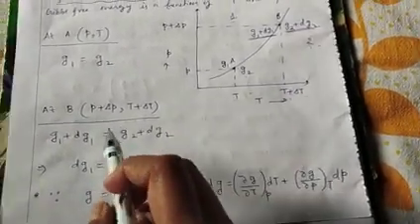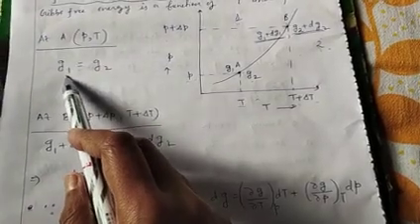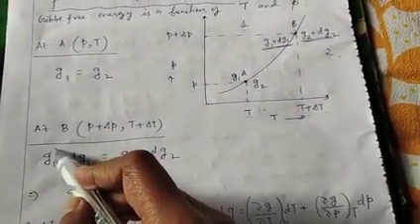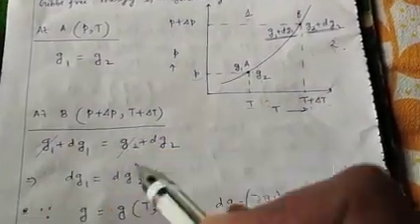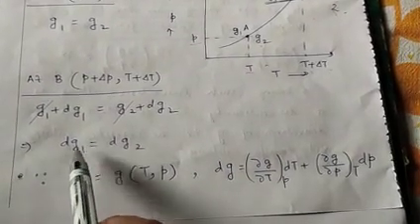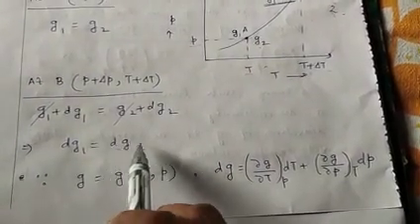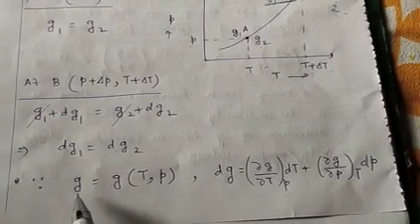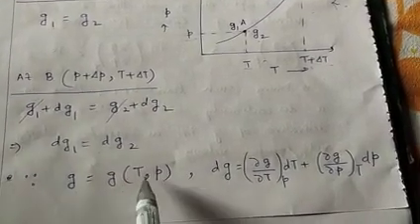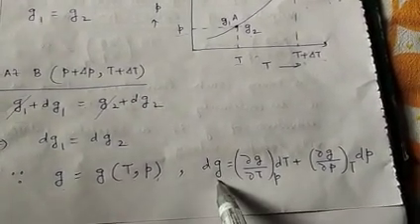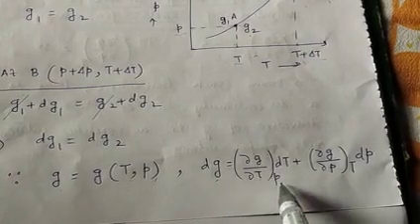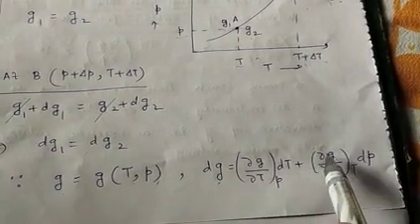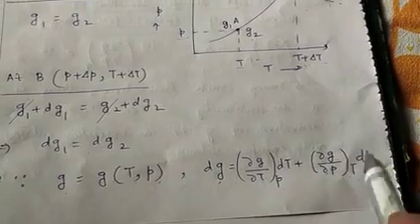So now what can we do? We have already seen that G1 equals G2, so we can cancel G1 and G2. So what is left? dG1 equals dG2. Now we know G is a function of T and P. So we can write dG as del G del T at constant P dT plus del G del P at constant T dP.